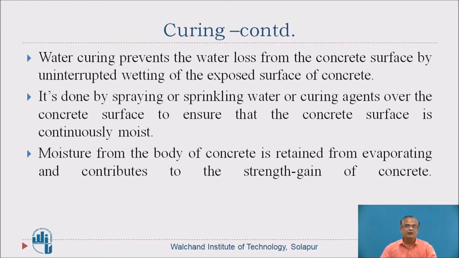So water is sprinkled, water is sprayed, or some compounds are there. With the use of them, it will be ensured that the concrete surface always remains moist. Moisture from the body of concrete is retained from evaporating and contributes to the strength gain of concrete.